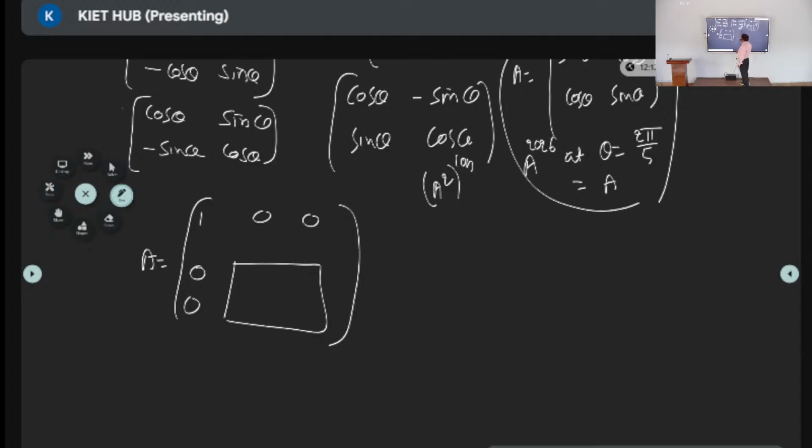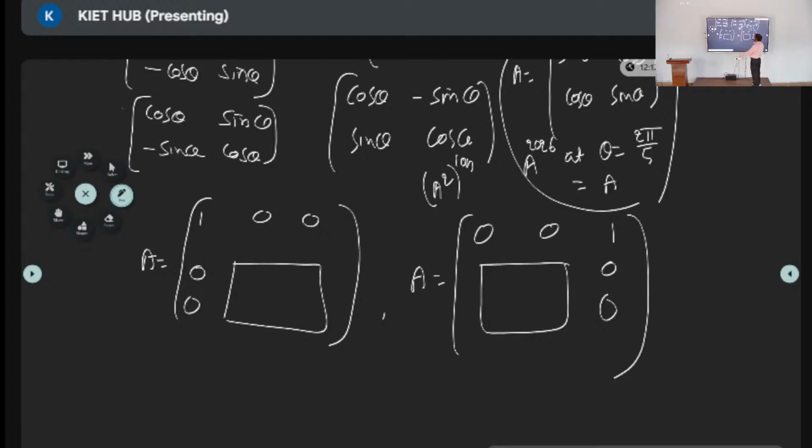They are also orthogonal. What are the 4 examples I discussed here? Sin theta, cos theta, minus cos theta. All 4 substitute; there also it becomes orthogonal.